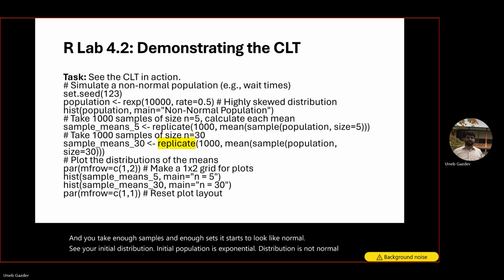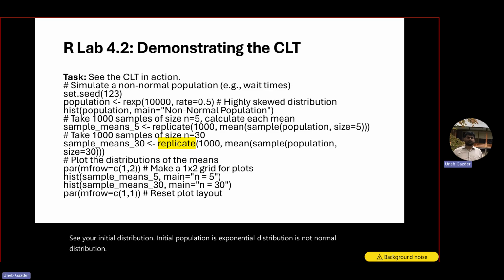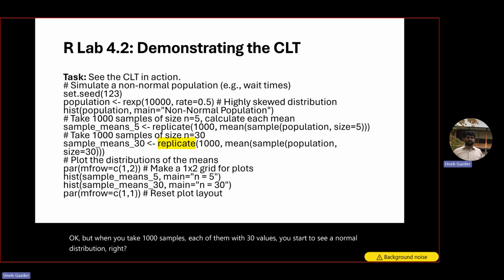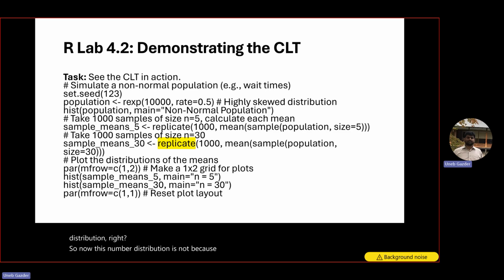But when you take 1,000 samples, each with 30 values, you start to see a normal distribution. So this normal distribution is not because of the population itself, but because of the number of samples. This is the whole idea.